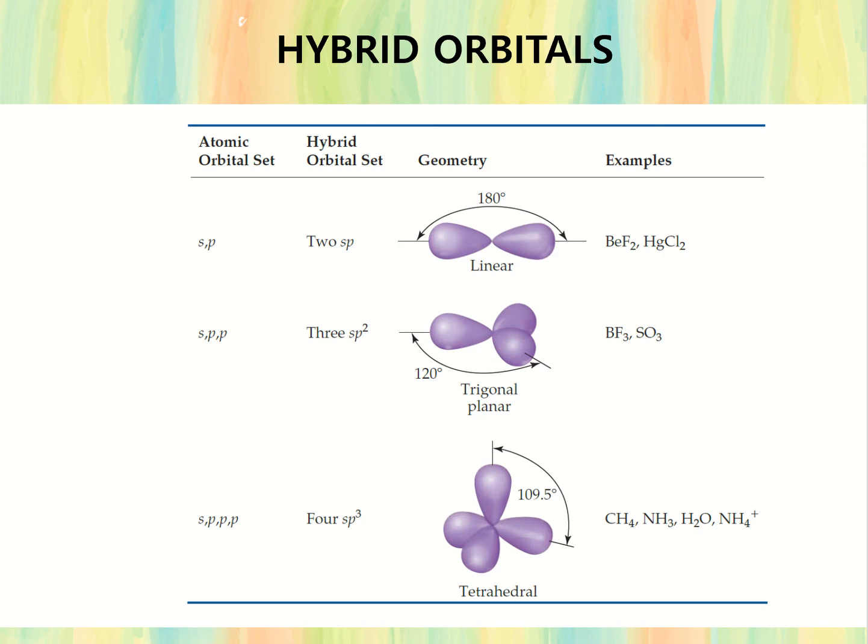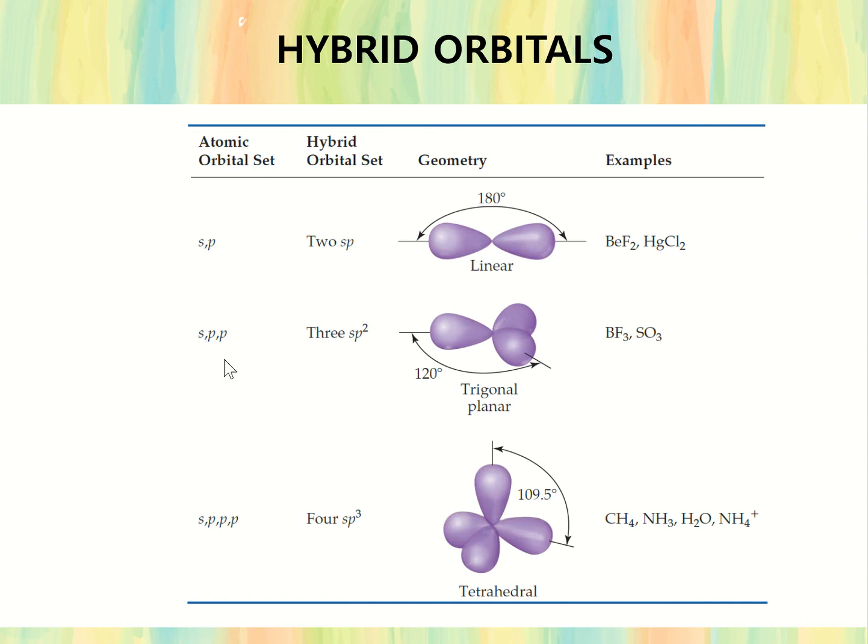So here we see that, for the atomic orbital set sp, when we mix one s and one p, we end up with two sp hybrid orbitals, and that geometry is linear, and therefore the angle is 180 degrees. And we see some examples of compounds that fall in this category.